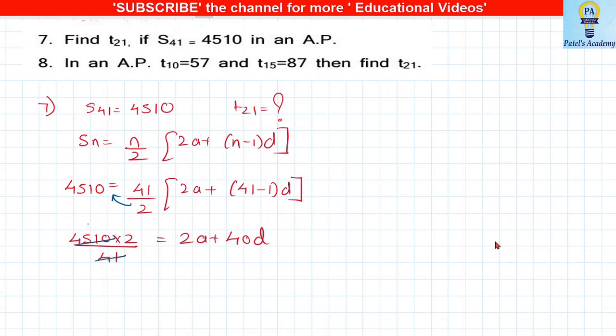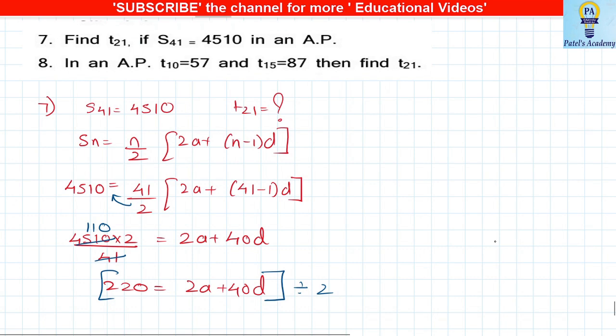So I will get the answer as 110. Okay, so 110 into 2 is 220 equals 2a plus 40d. Now I can divide this whole equation by 2. If I divide by 2, what I'll get is 110 equals a plus 20d.